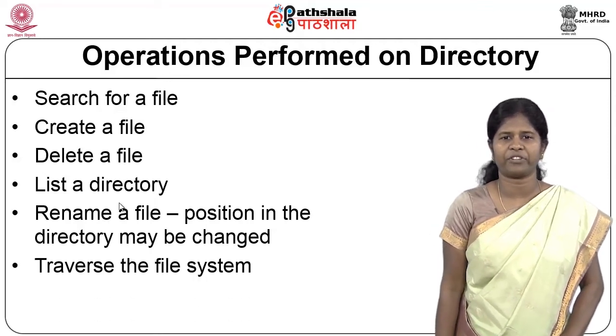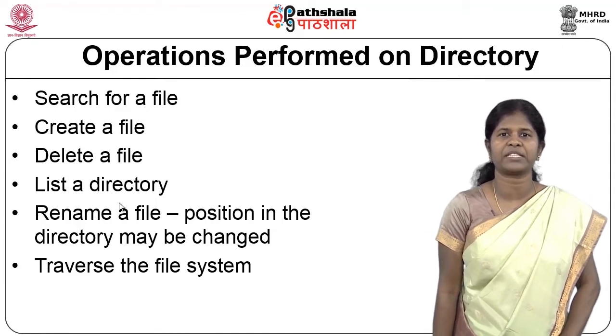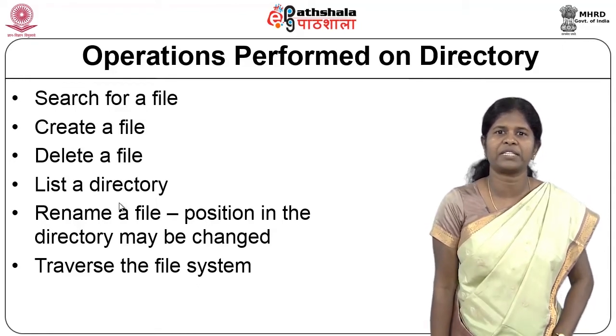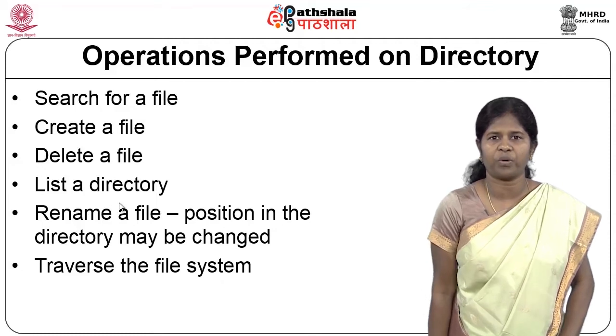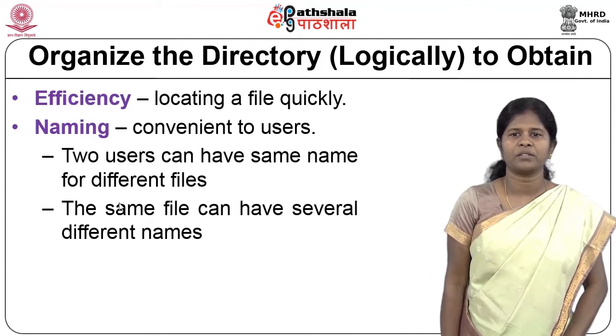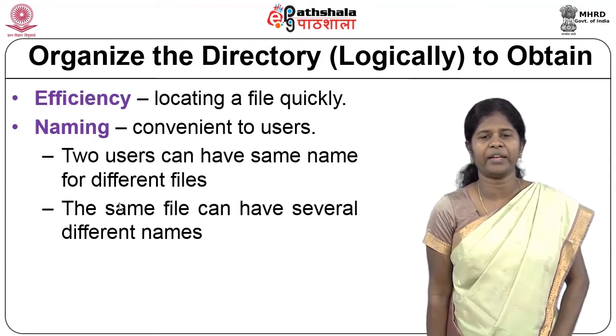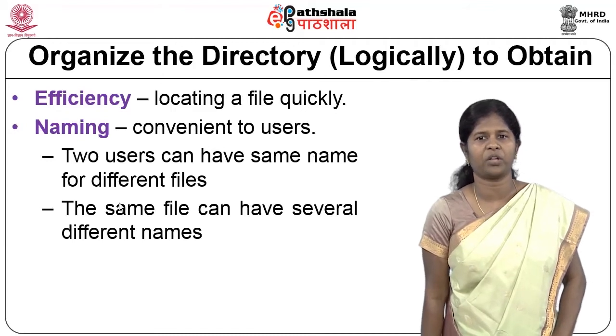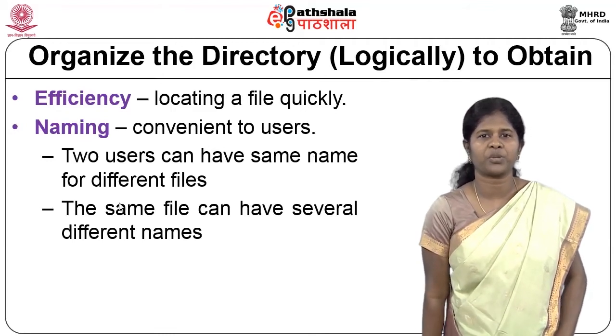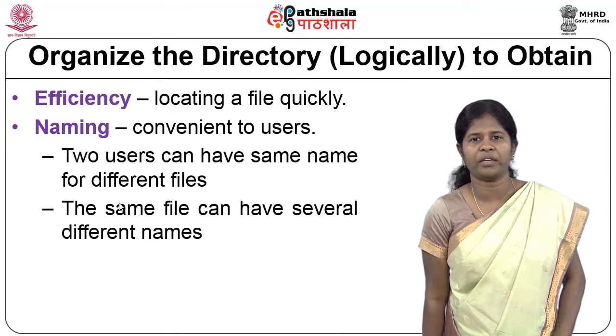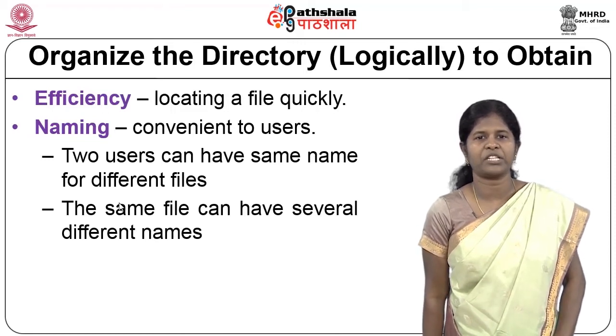Then traversing the file system. For traversing the file system you need to have permissions to operate on the directory. So, the directory again has to be organized logically and properly, so that all these parameters are achieved.